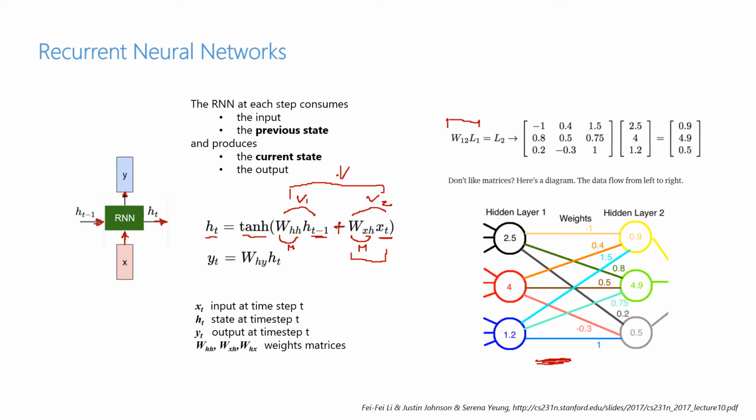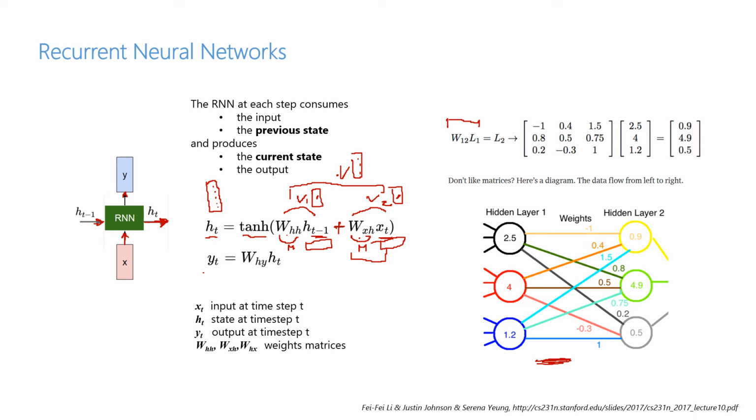So the result is a vector ht, where each element is the tanh of the sum of these two, and this is just a network layer. One input is the previous state and the other is the input, with two matrices of weights, and so we get the new state for the RNN.